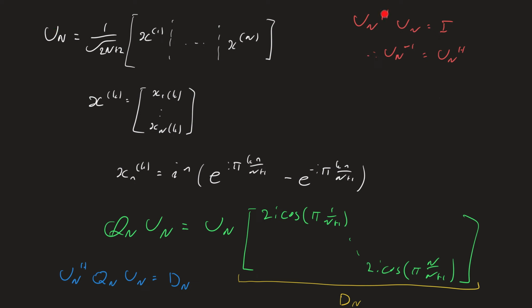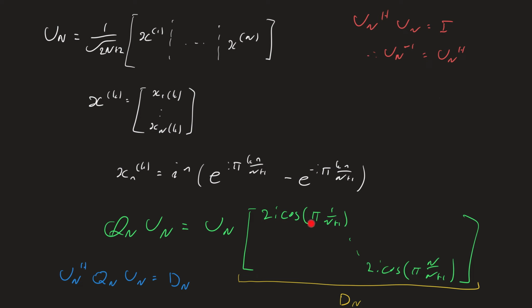U of n Hermitian transpose times U of n is the identity matrix, and because the columns of U are the eigenvectors of Q, Q times U is just going to give us a matrix whose columns are again the eigenvectors of Q, but with each eigenvector scaled by its corresponding eigenvalue.